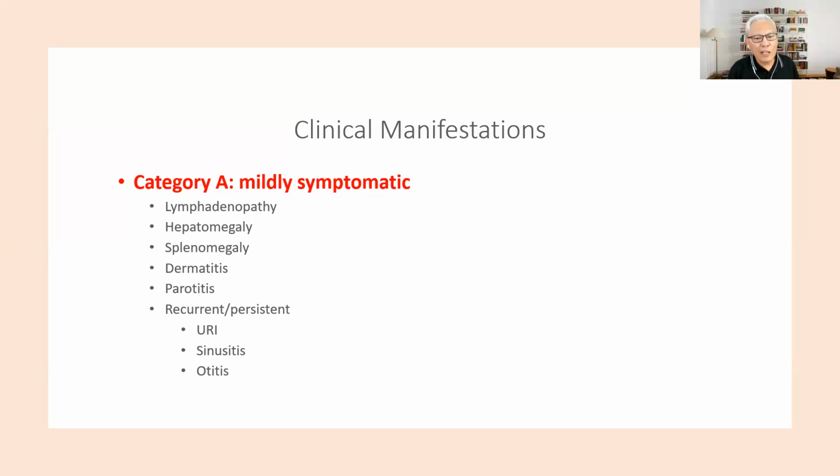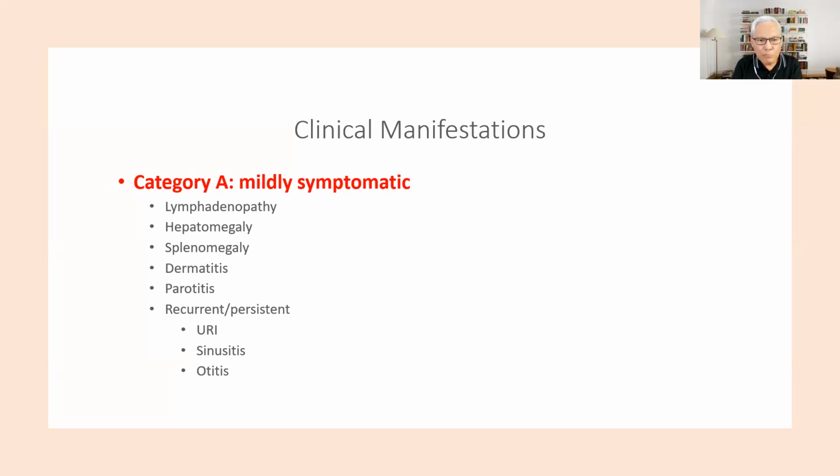So here are the clinical manifestations of the early infection stage. You might have lymphadenopathy, hepatomegaly, splenomegaly, dermatitis, parotitis, that's the inflammation of the parotid gland, and recurrent persistent URIs, or upper respiratory infection, sinusitis, or even otitis media.